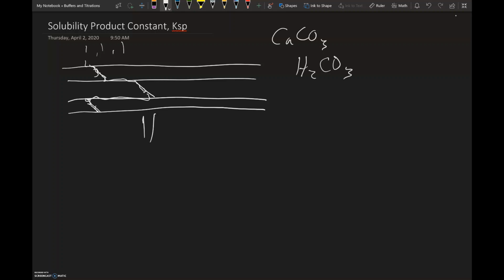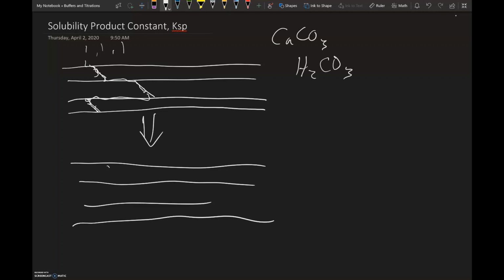And so over the course of time, these layers start to open up and form these chambers that we see. Sometimes these chambers can be pretty large, depending on how long this has taken place.